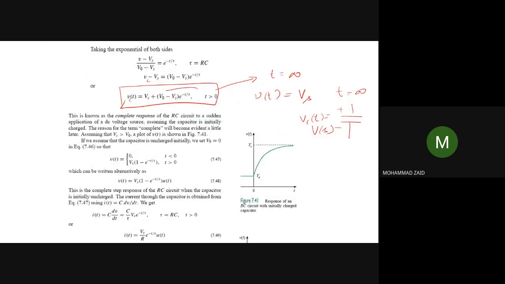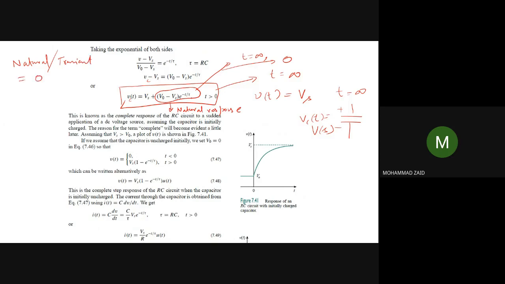So this term, which is written here, is the natural response of the system, because as you see, at t equal to infinity this part goes to zero. The natural, or you can say the transient, response of the system goes to zero.